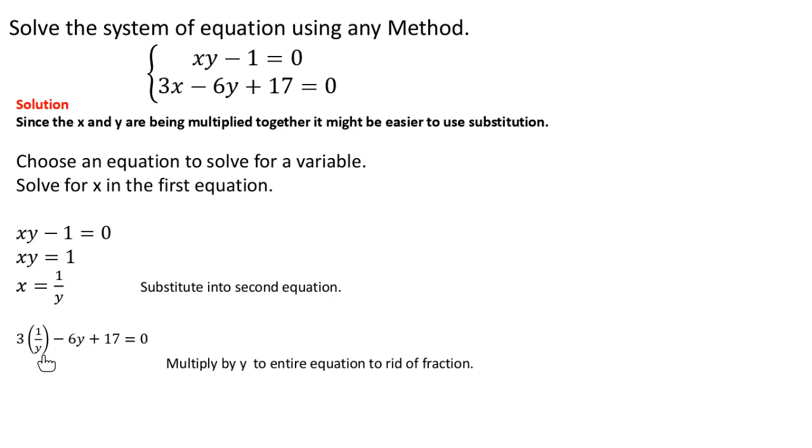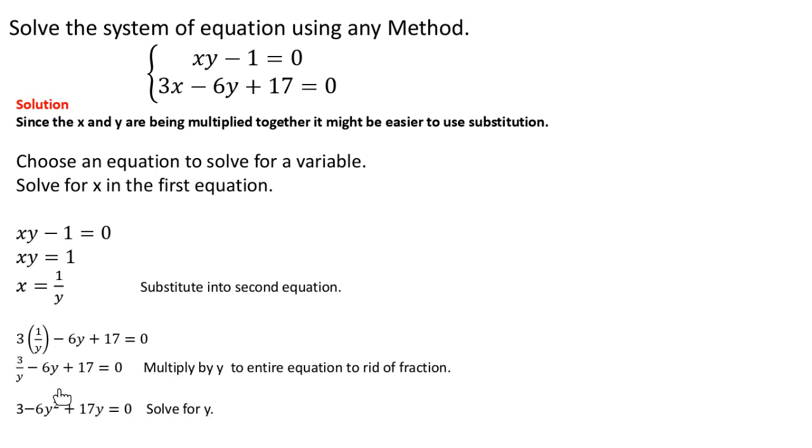If you don't like fractions, we can get rid of the fraction. Let me just simplify here first: 3 over y minus 6y plus 17 is equal to 0. To get rid of this fraction, I can multiply by y all the way across.